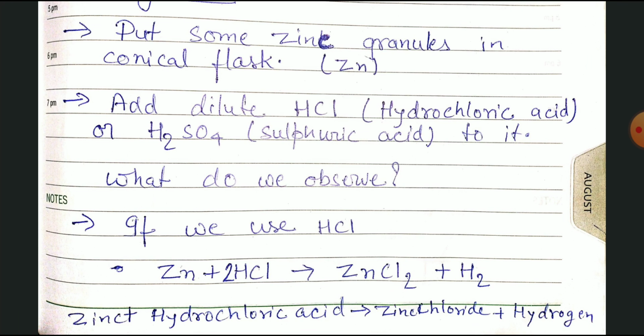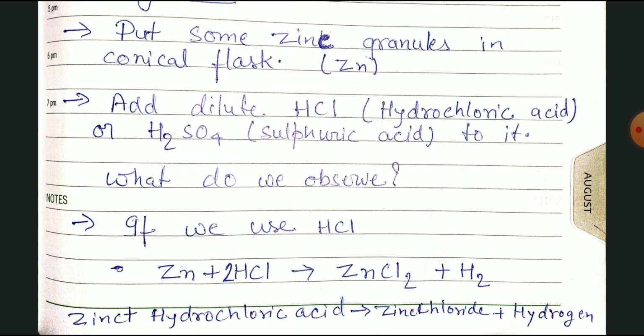So zinc plus hydrochloric acid gives zinc chloride and hydrogen. You can test this hydrogen gas by bringing a burning candle or matchstick near it, and it will burn with a popping sound.